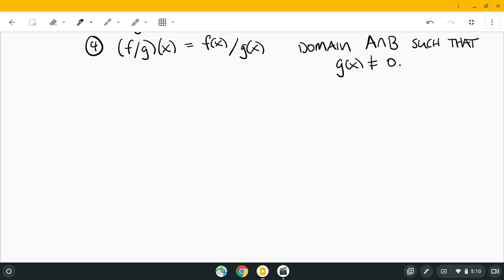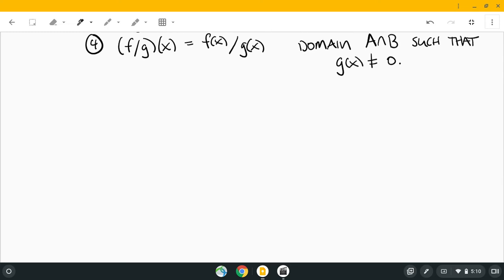All right, so let's take a look at an example of having two functions. Let f of x equal 1 over x minus 2, and let g of x be the square root of x.